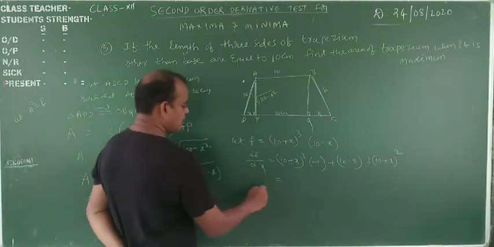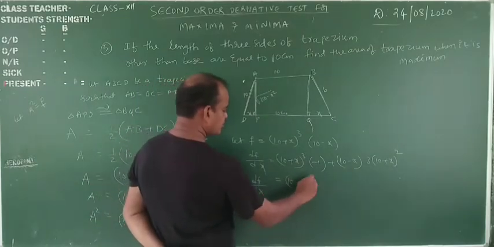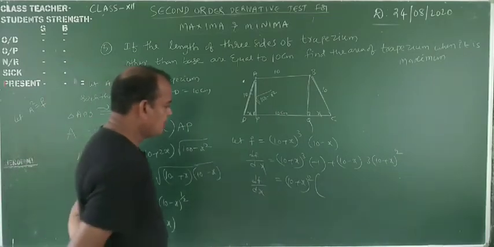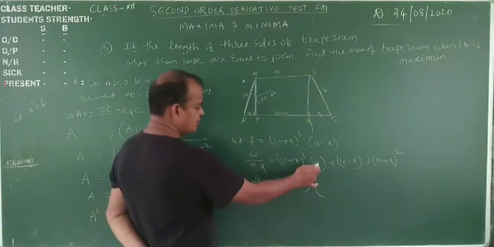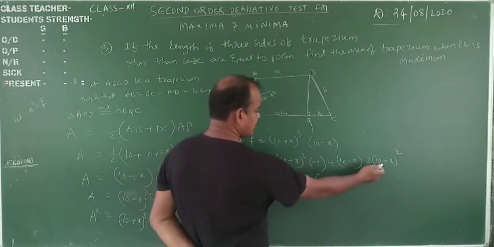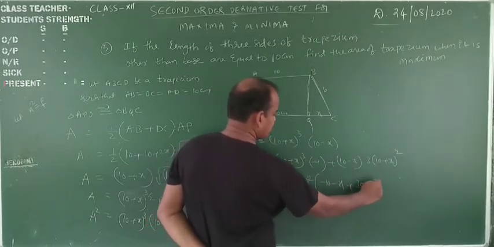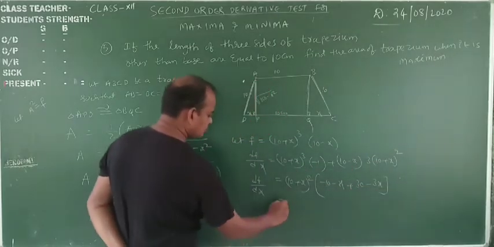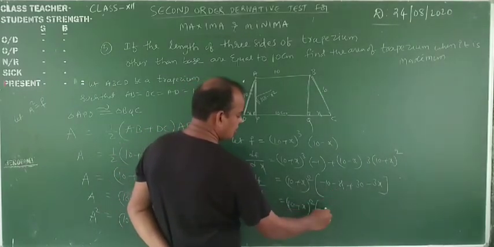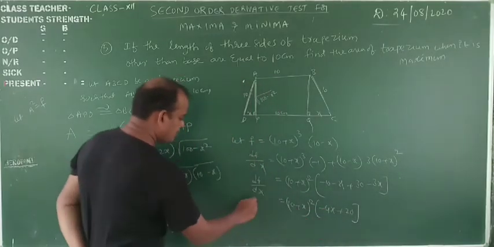Now we will take common here. df by dx is equal to 10 plus x whole square taken common out, minus 10 minus x plus 3 into 10, 30 minus 3x. 10 plus x whole square into minus 4x plus 20.